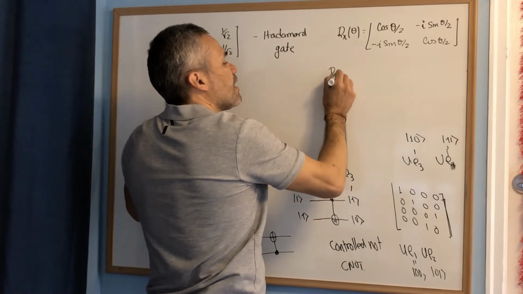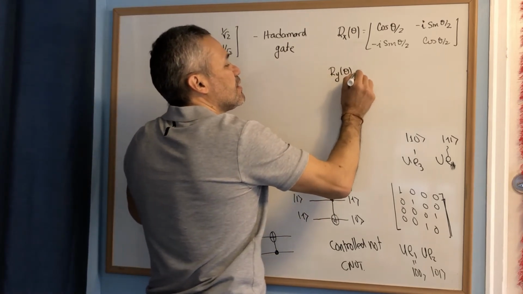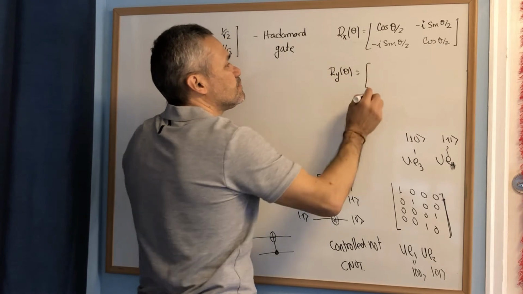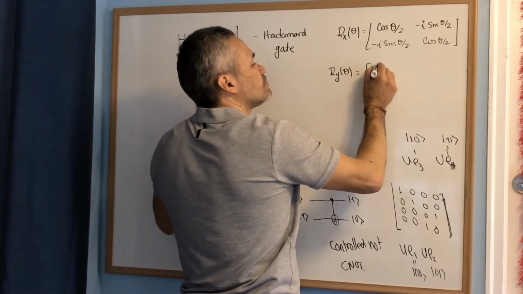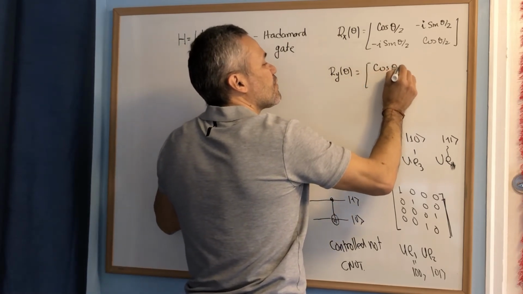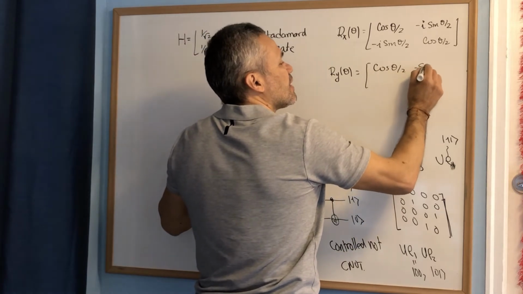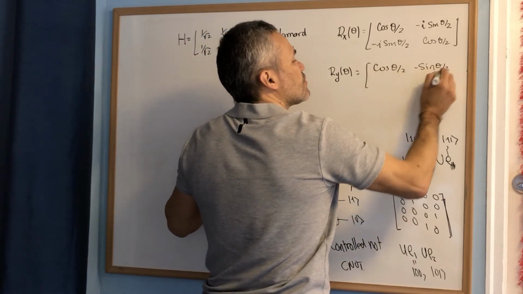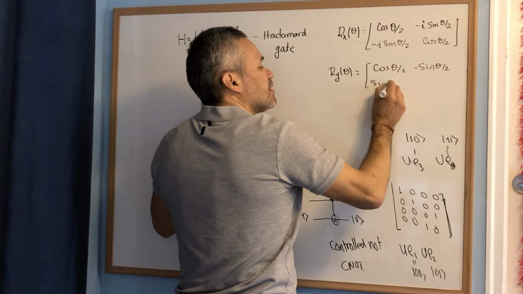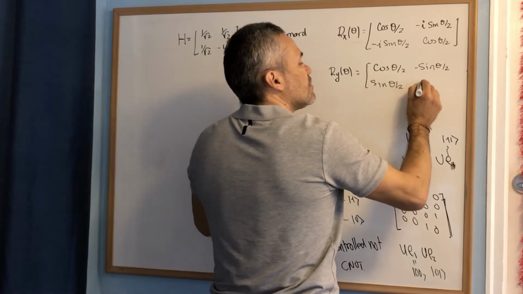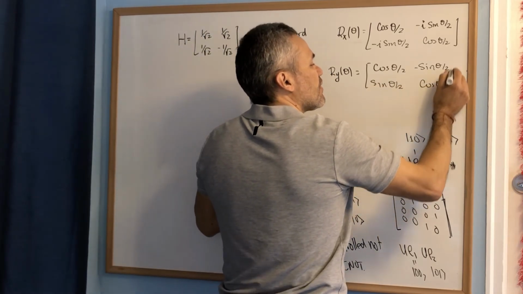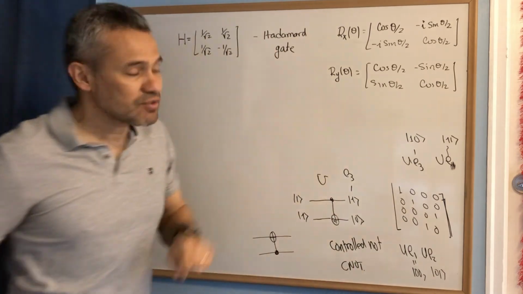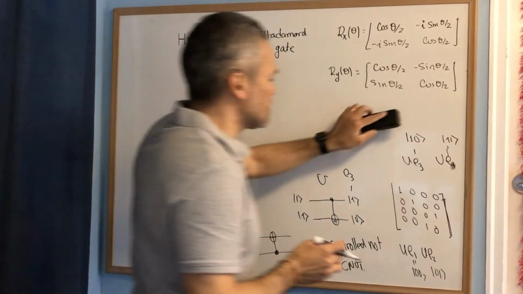And Ry of theta is equal to cosine of theta over 2, negative sine of theta over 2, sine of theta over 2, cosine of theta over 2. And also again, this is a unitary matrix.